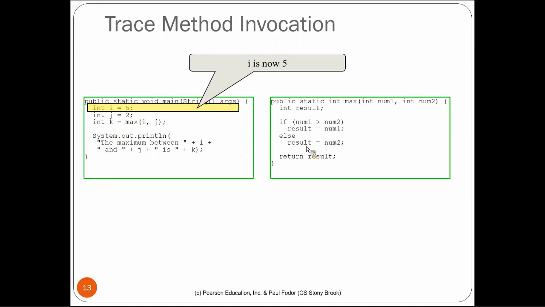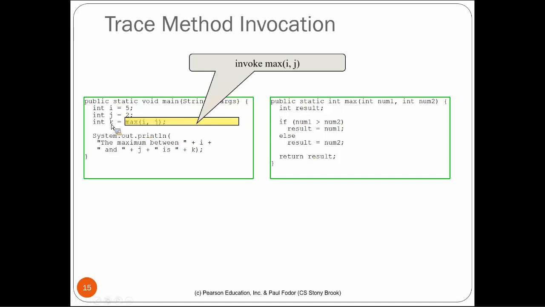We start the execution of the main method by defining a variable i equal to 5. Then we define j equal to 2. We have two variables available. Now we assign to k the value of the expression, which is a method invocation, max of i and j. But as we said, in the case of expressions assigned to variables, the expression is evaluated first.